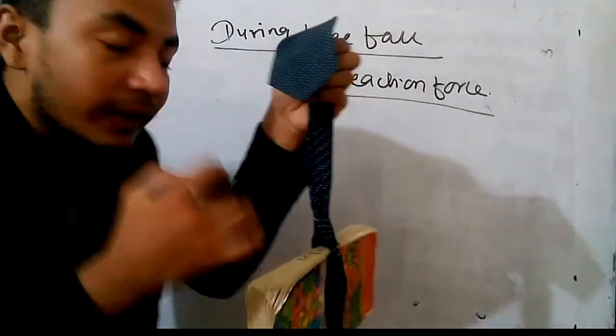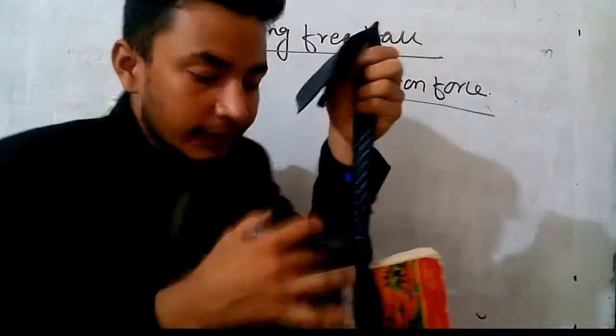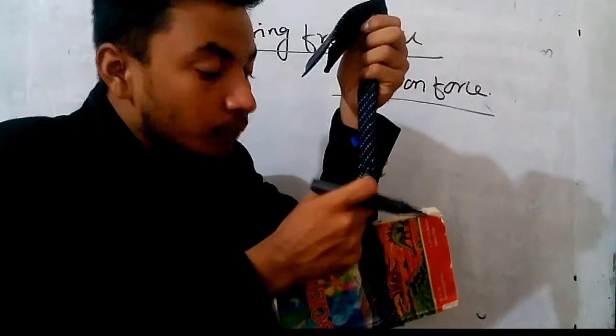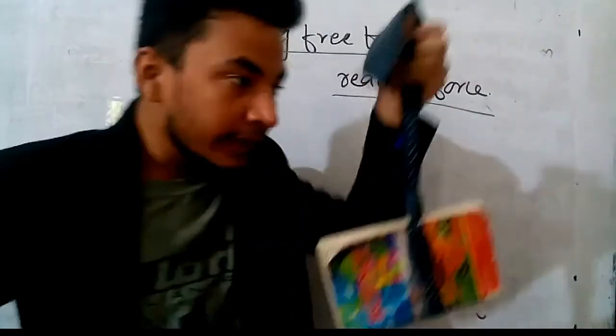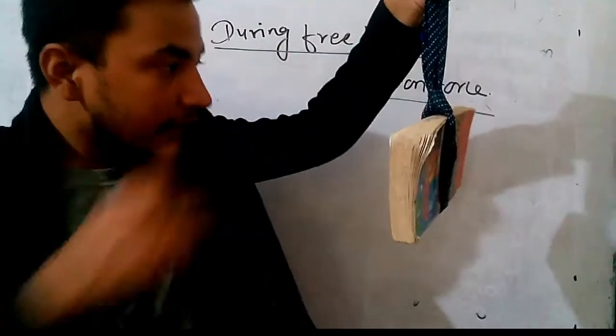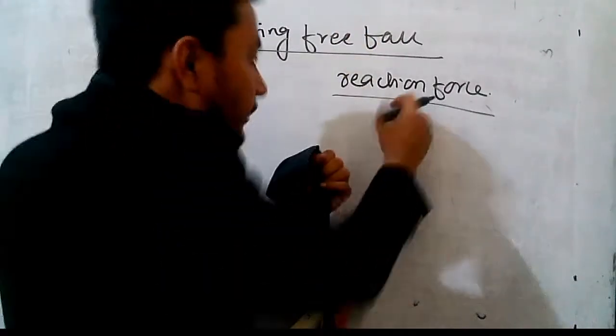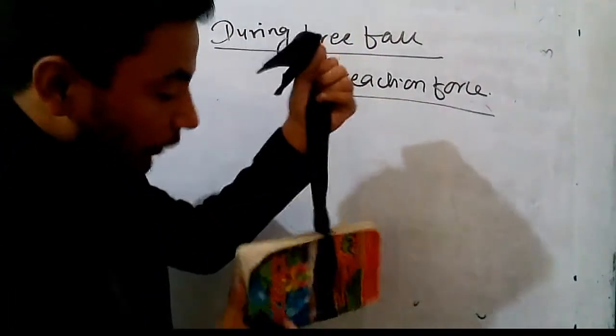To measure the weight of an object or body, the object must give reaction force to the beam balance. But when I lift this object, then it freely falls. It means that it does not exert any force on the beam balance. So the reaction force is 0. Then the weight of the body becomes 0.